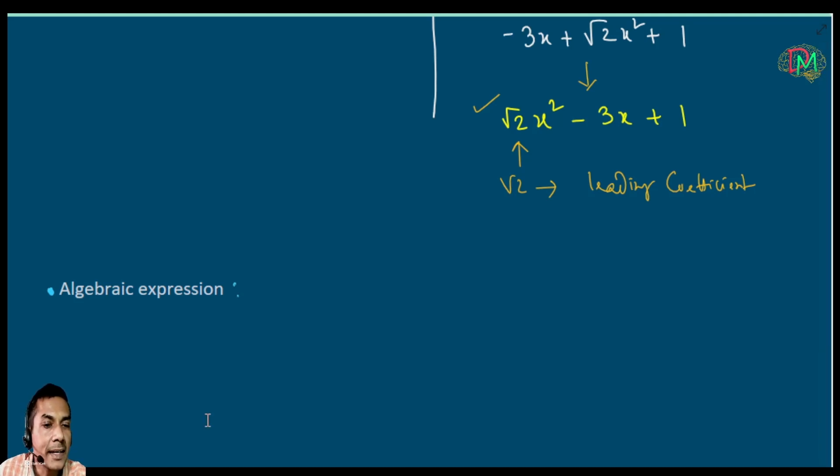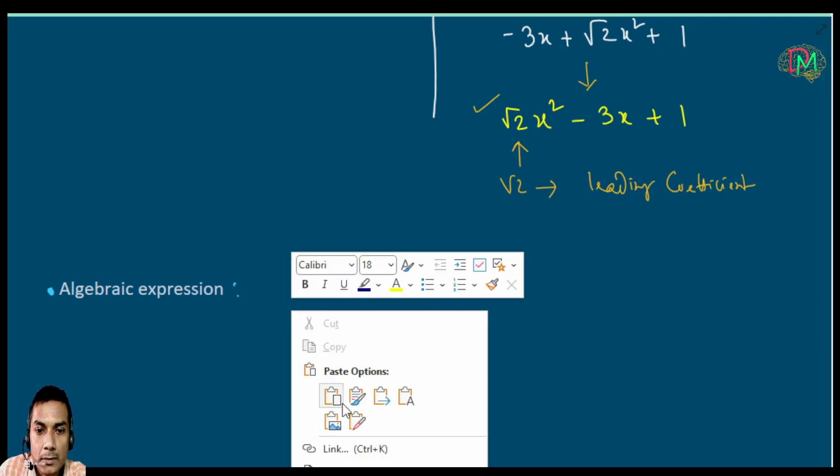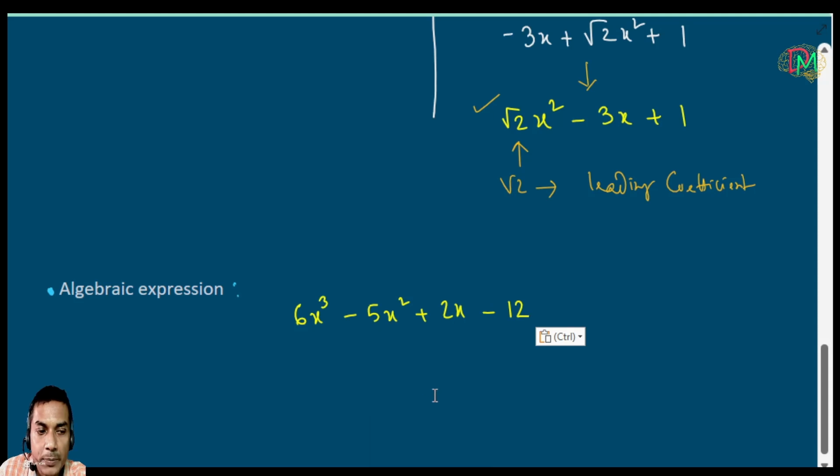So we can say this polynomial is actually an algebraic expression. Why? Because this is one term, this is the second term, third term, fourth term. All these terms are separated by plus and minus. So every polynomial is an algebraic expression. Clear?